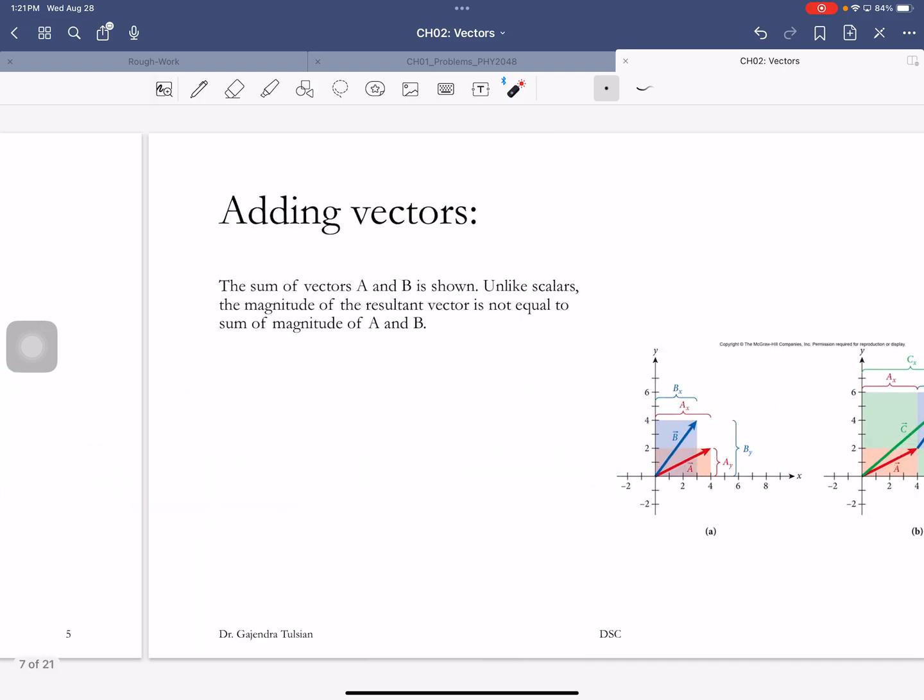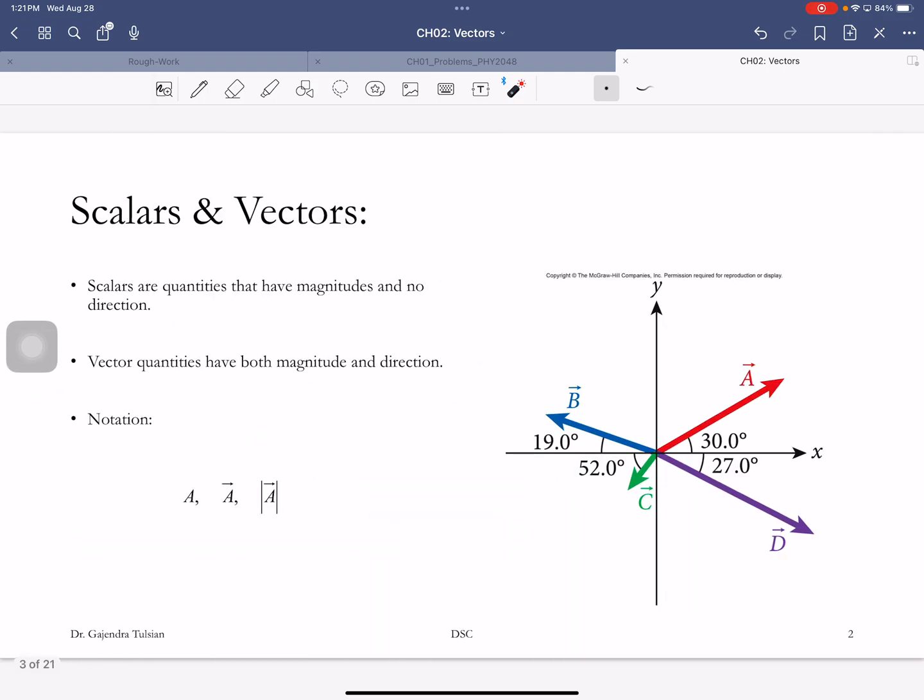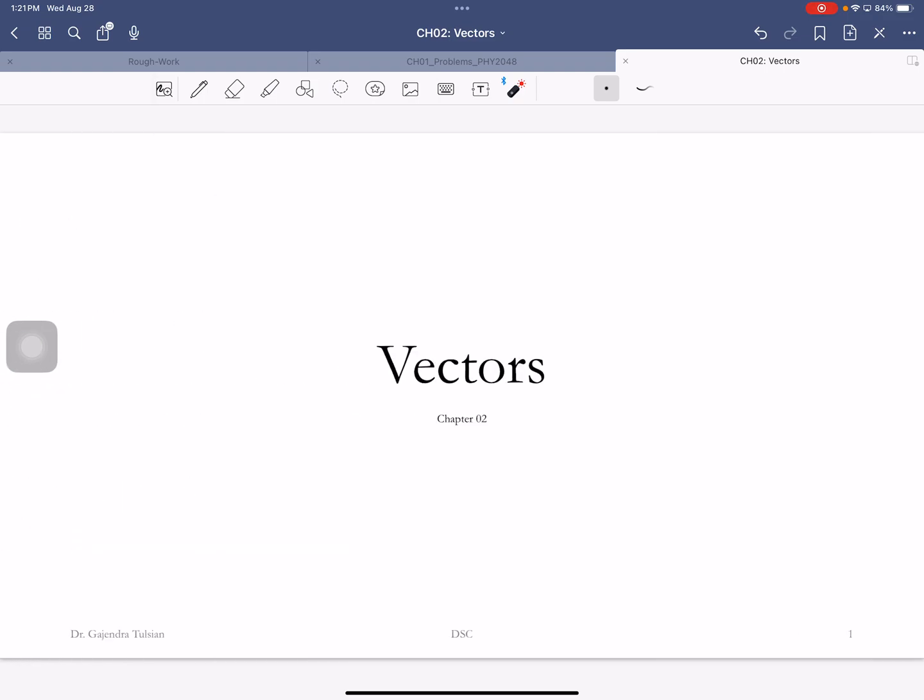So what we're going to learn is a mathematical object called vectors. And whenever you learn about any mathematical object, like when you learned about numbers, how did you get to know numbers?